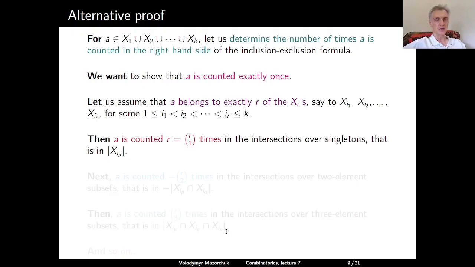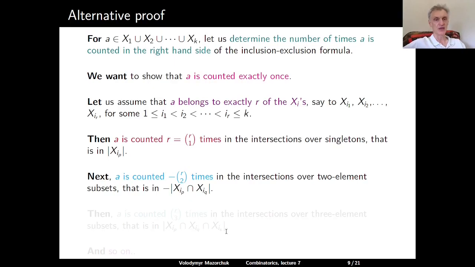Then a is counted r times in the intersections over singletons, and r equals r choose 1. So it is counted once as an element of x_{i1}, once as an element of x_{i2}, and so on. Exactly r times in the intersections over singletons. Then we observe that a is counted minus r choose 2 times in the intersections over two-element subsets.